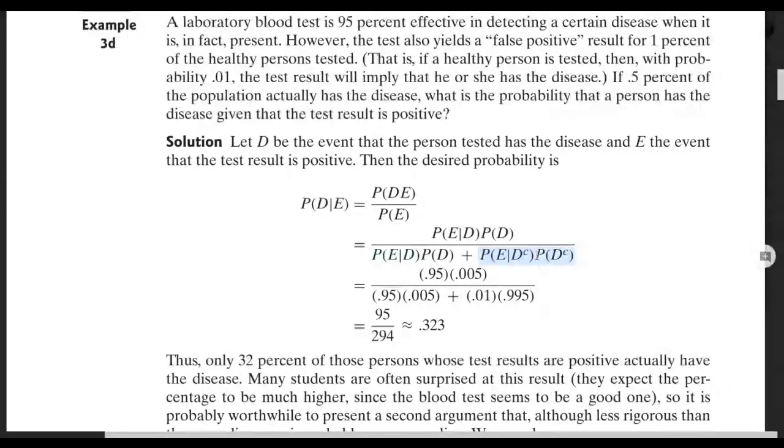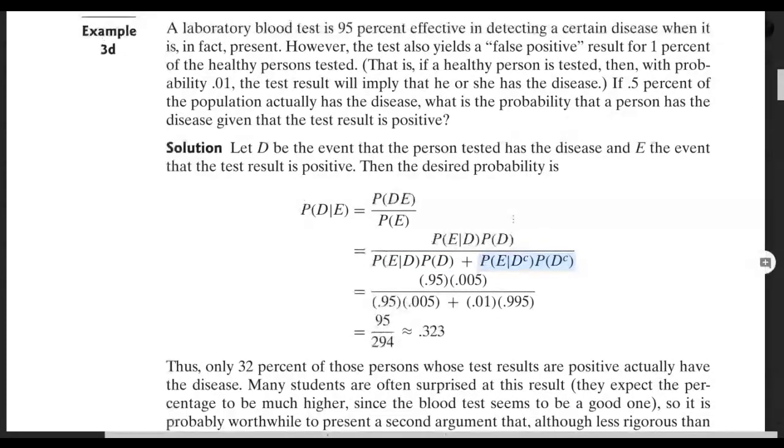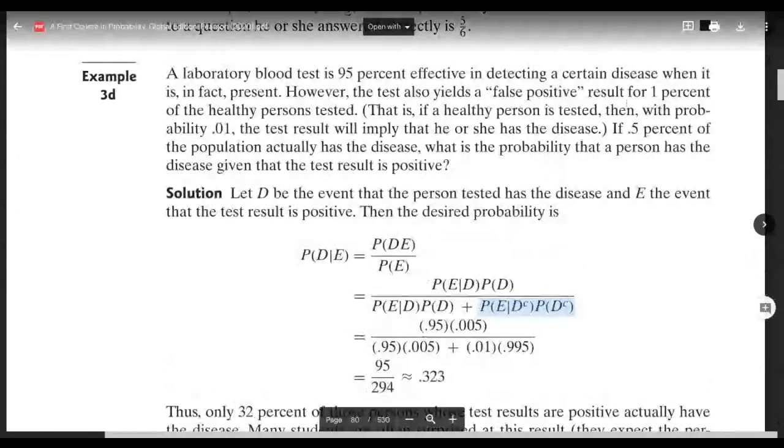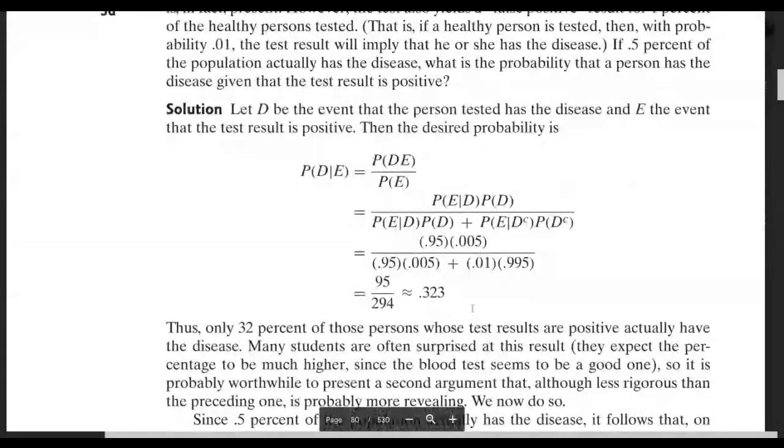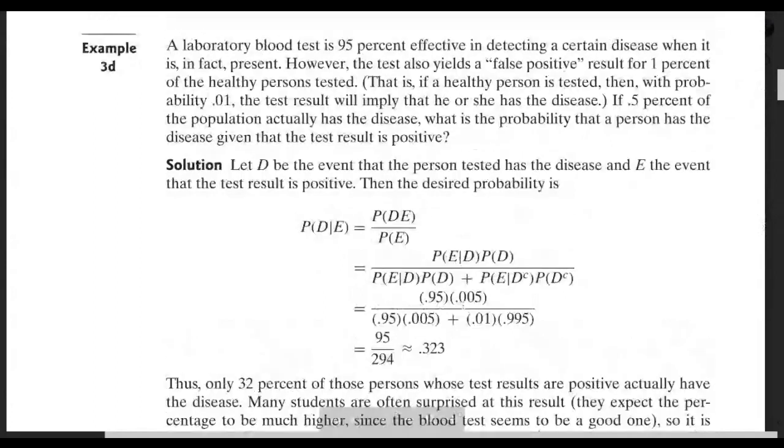The probability of this one is here: it's 1% of healthy persons tested, a false positive. Then the rest is just calculation. So the work happens just here, in those two steps: to decode the information, to name the events, and decode the information from the setting.